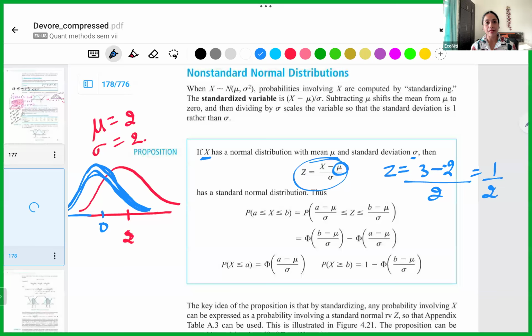If x takes a value 4, z takes a value 1.